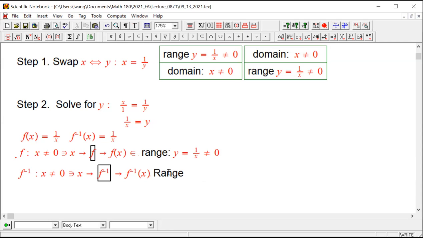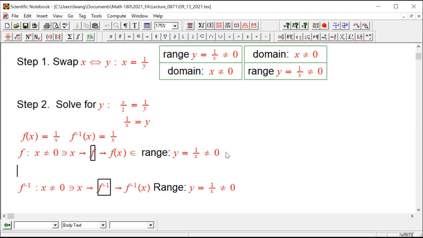Now, range. What is the range for this other function? Same thing, right? So I'm just going to put it here. You can use the same symbol, even, but you need to understand which one is input and which one is output. I know it's a little bit confusing, okay? Any questions so far?